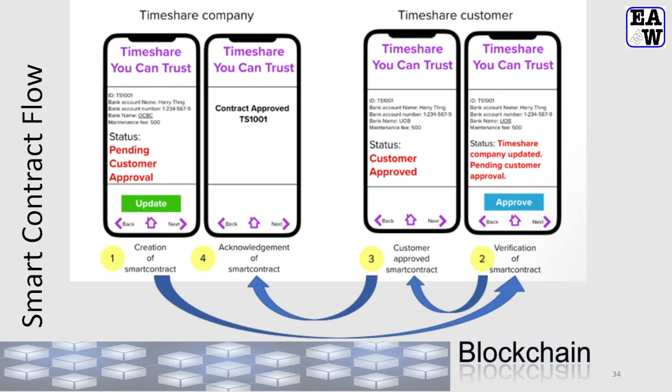Then once the customer has approved this smart contract, it will be sent to the timeshare company app and notify them that the contract has been approved. Once the smart contract has been approved, there will be no editing of contents.